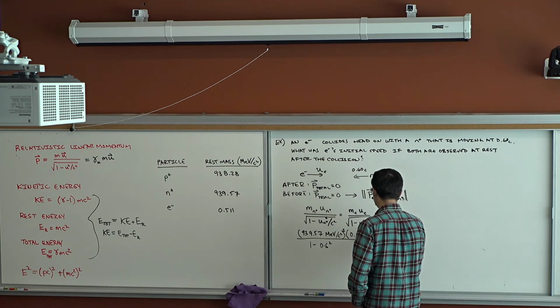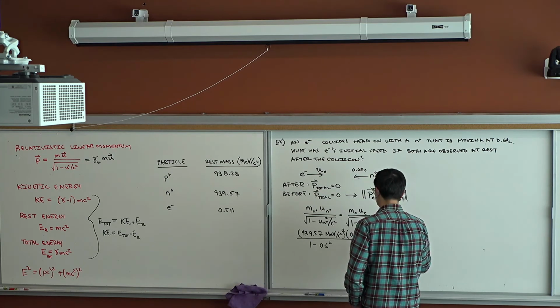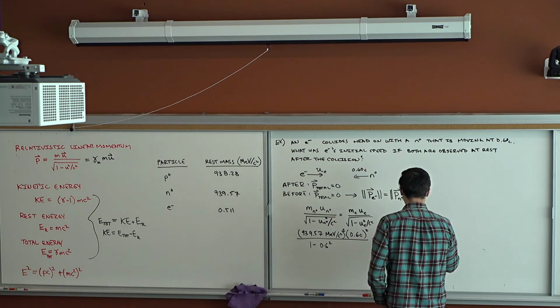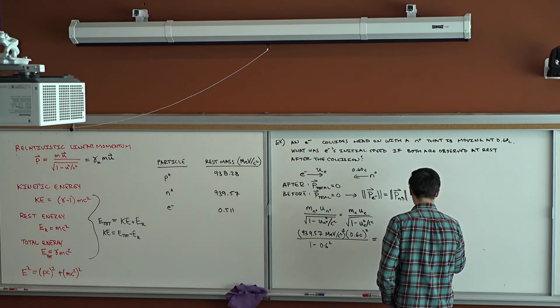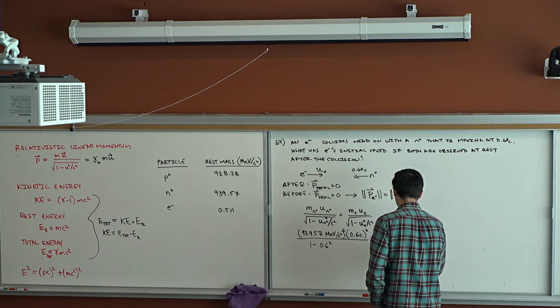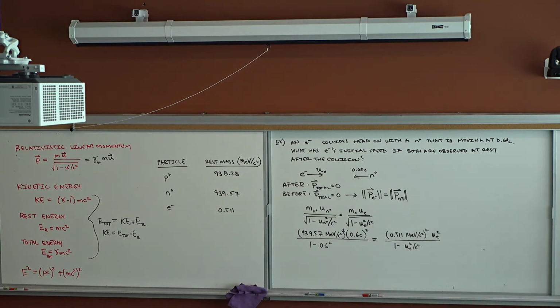Mass of the electron squared, 0.511 mega electron volts per c squared, times this unknown u_e squared, over 1 minus u_e squared over c squared. We're looking for u_e, correct? And we want to find u_e.